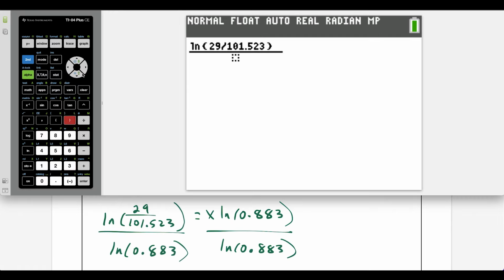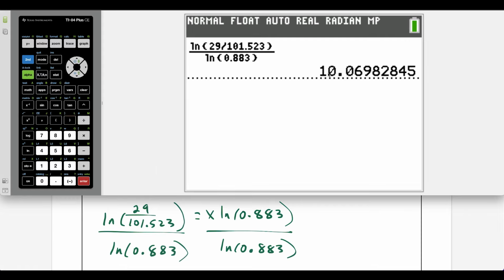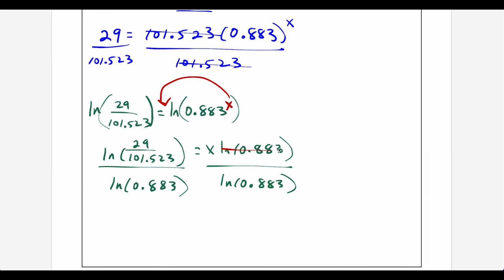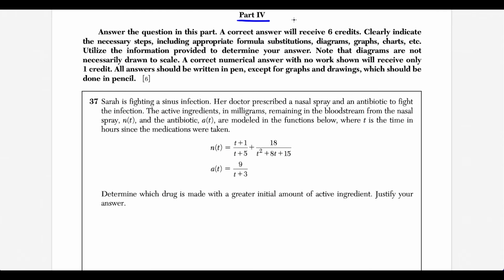And now we'll close the parentheses, and on bottom we're going to write natural log of 0.883. And this tells us our answer to the nearest hundredths place is going to be 10.07. So after this all cancels out here, we have x equals 10.07 kilometers.